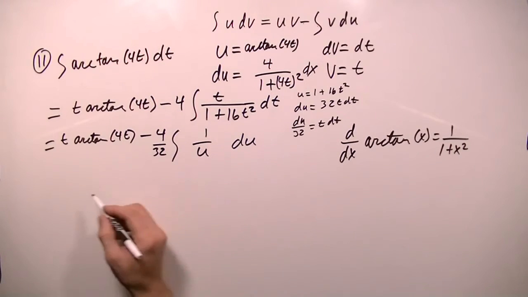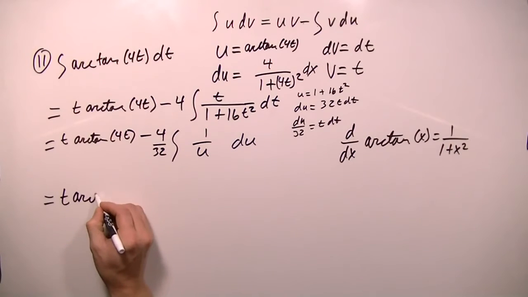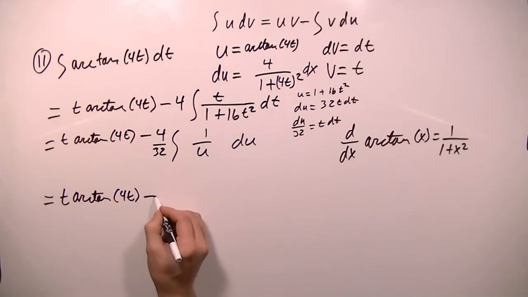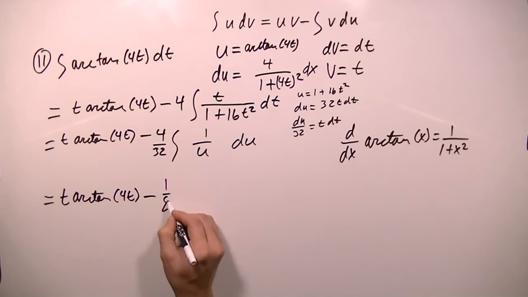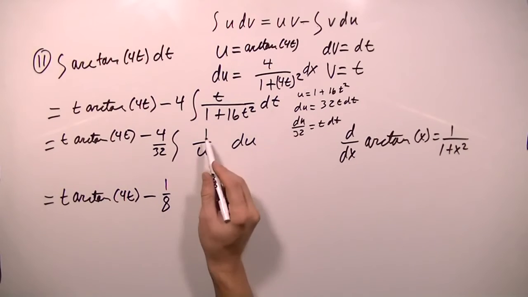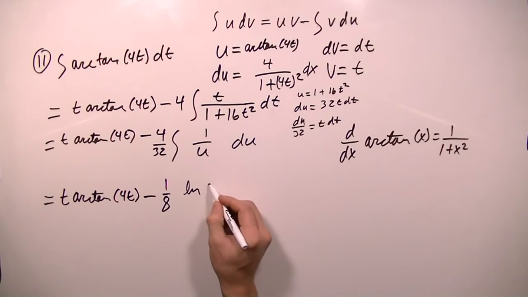And now I can take this integral. This equals t arctan 4t minus, and this reduces to 1/8, and the integral of 1 over u is the natural logarithm of u.